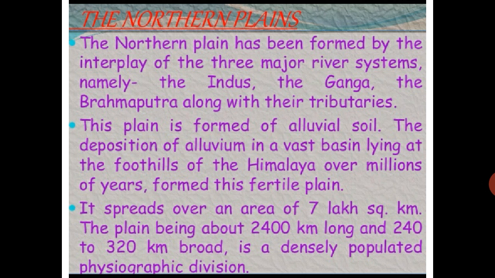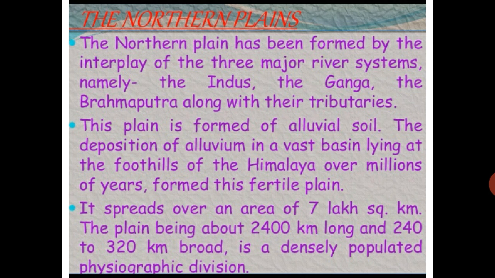The deposition of alluvium in a vast basin lying at the foothills of the Himalaya over millions of years formed this fertile plain. All the deposition is coming from the foothills of the Himalaya, over millions of years, and this is deposited down and these fertile plains are formed.